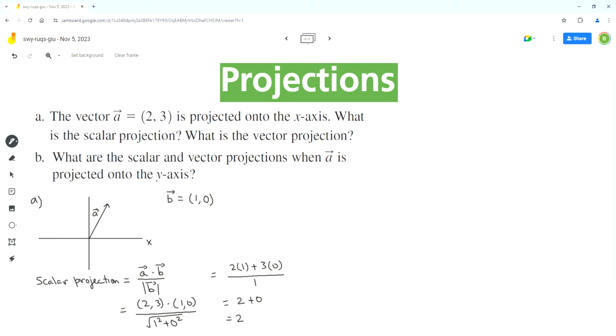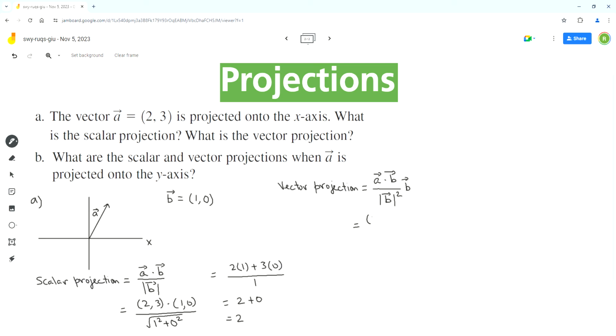Now we can find the vector projection. So the formula for vector projection is A dot B over the square of the magnitude of vector B times vector B. Now we can sub in the values.